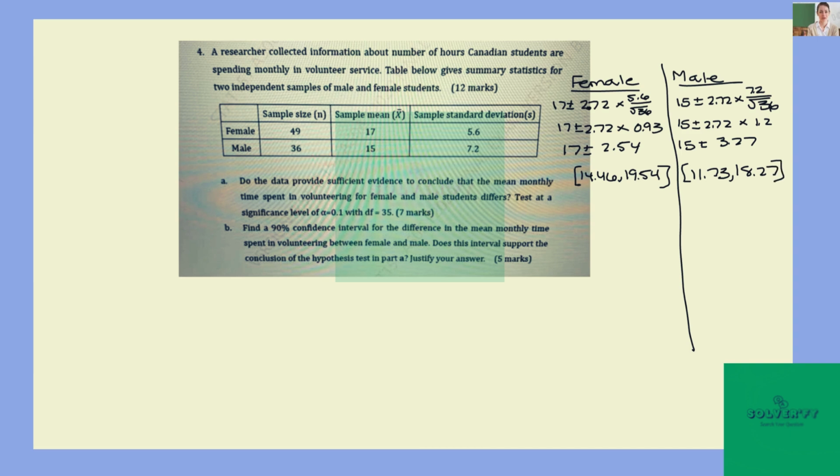So the data does provide sufficient evidence to conclude that the mean monthly time spent in volunteering for female and male students does differ, because the confidence interval does differ.